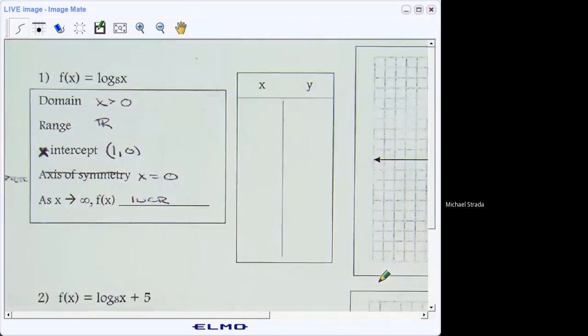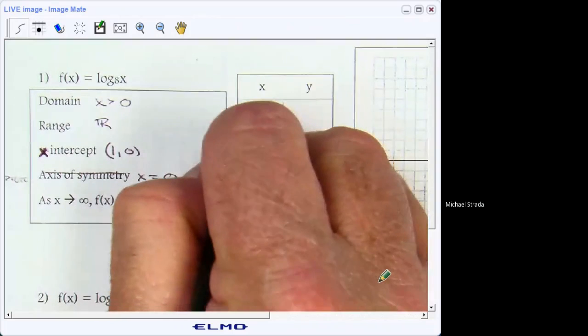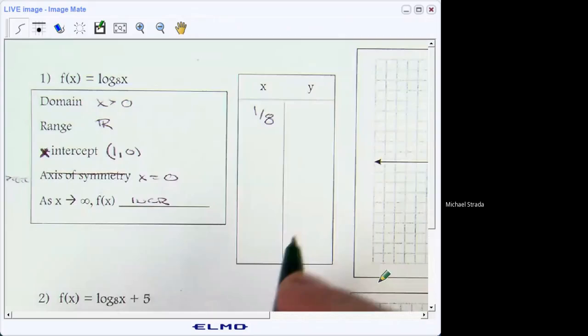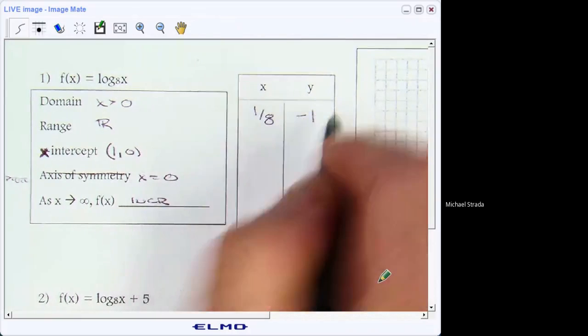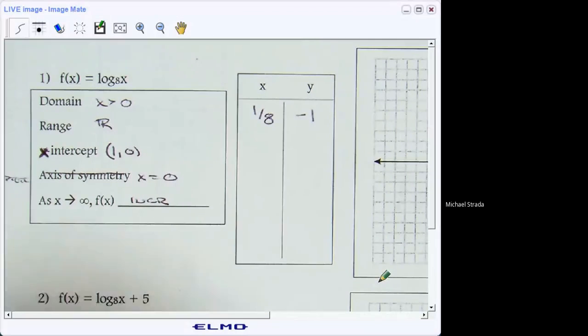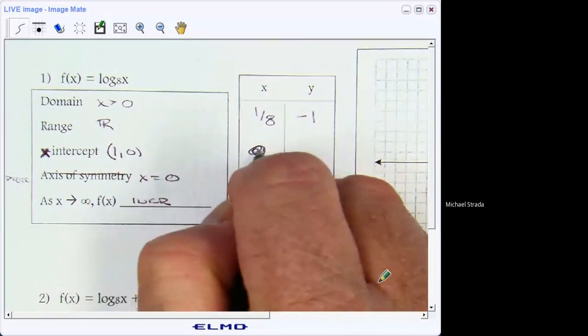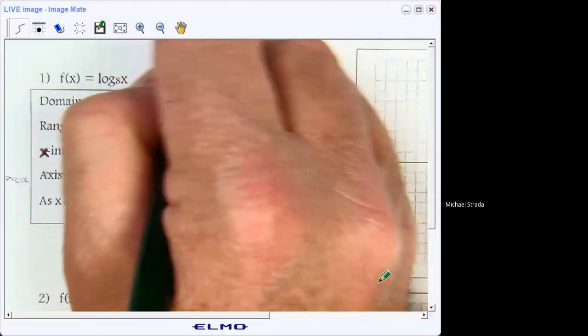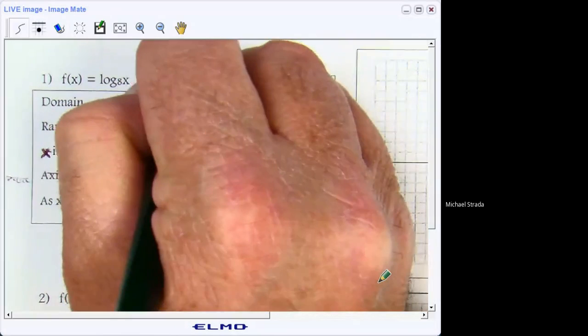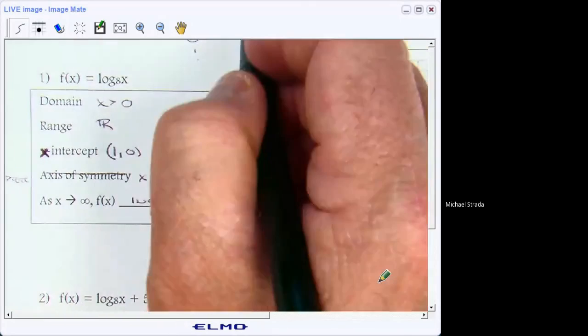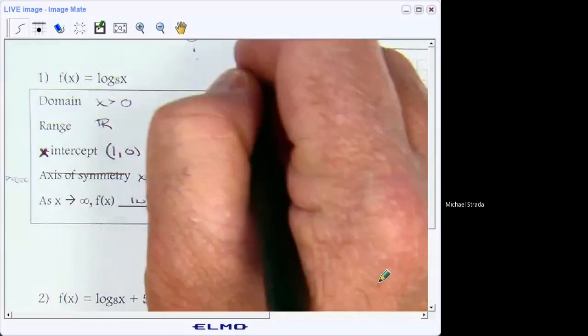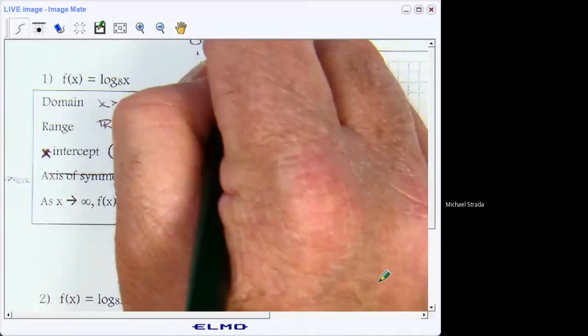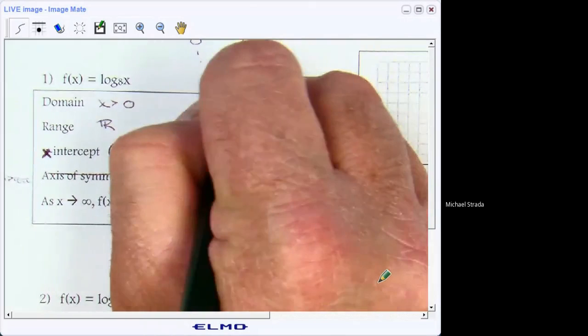The values you should pick are 1/8, -1, 0, oops, so we're flipping them, -1, 0, and 1. All right, -1 would be 1/8, 0 would be 1, 1 would be 8.